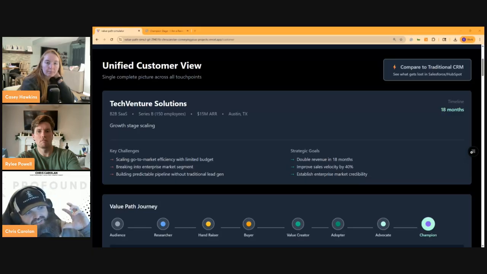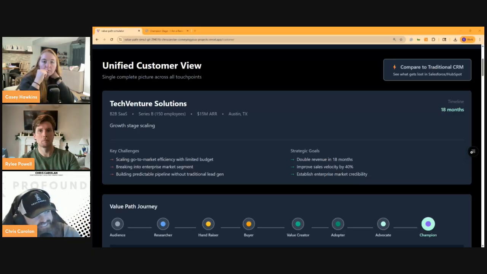And if you're scoring trust levels, loyalty, sentiment, that will help you decouple it from new business only and start to manage it more effectively. Somebody could hand raise throughout the journey multiple times.